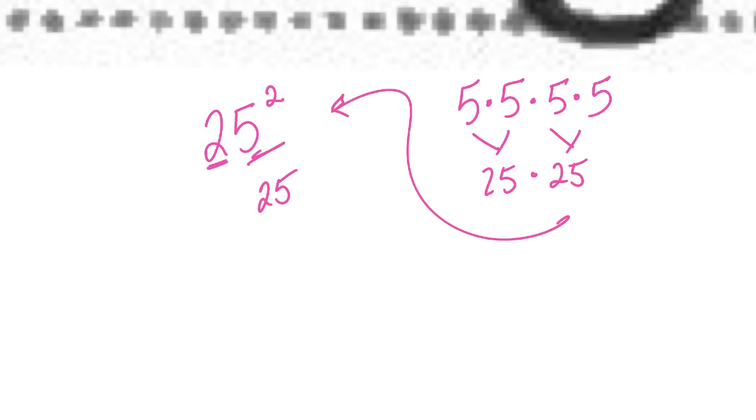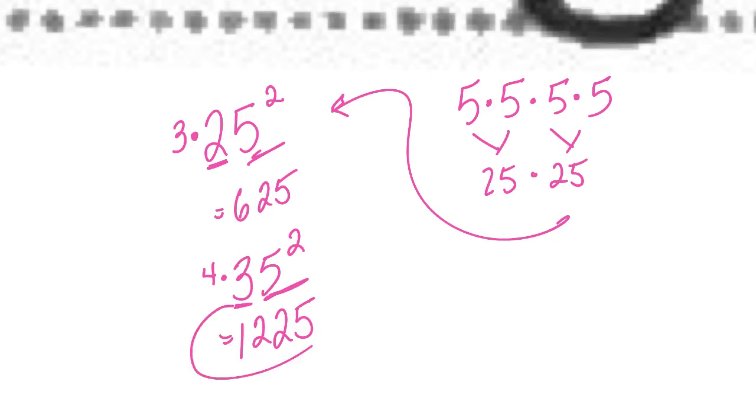We're going to take the number before it, take one more, and multiply. So 2 times 3 is 6, giving 625. Super cool. What if I have 35 squared? I know anything that ends in a 5 squared ends in 25. Take one more than 3, and we get 1225.